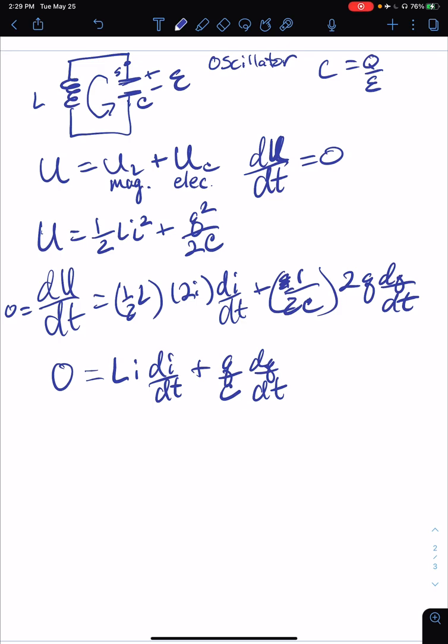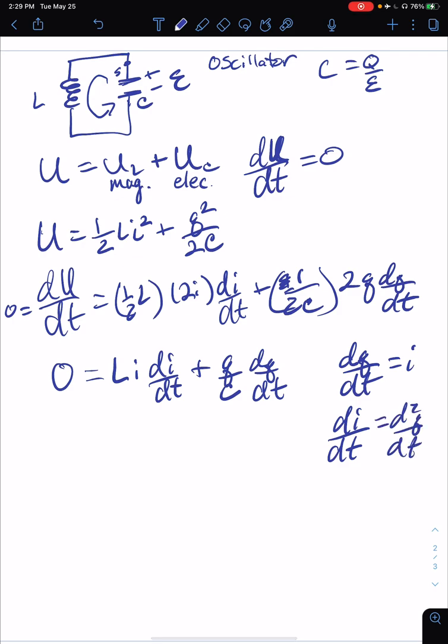And that's not a super helpful expression, right? But dq/dt is i, right? And di/dt is the same as the second derivative of charge with respect to time. So we actually do have related differential equations.